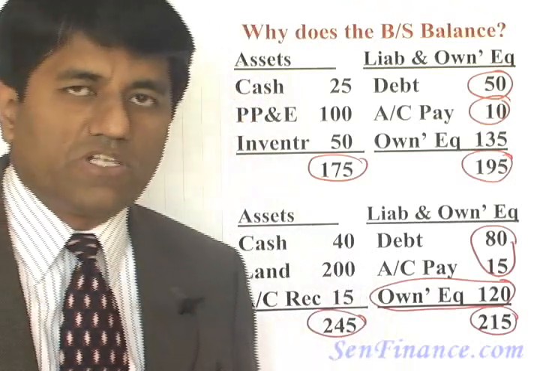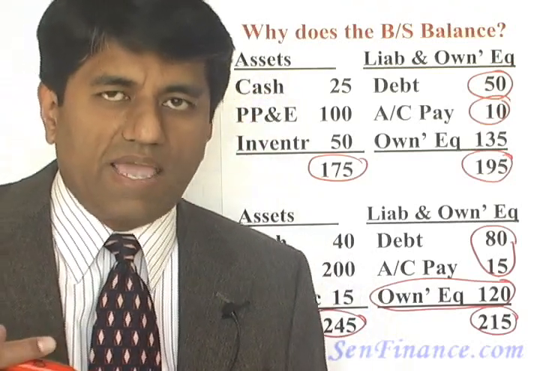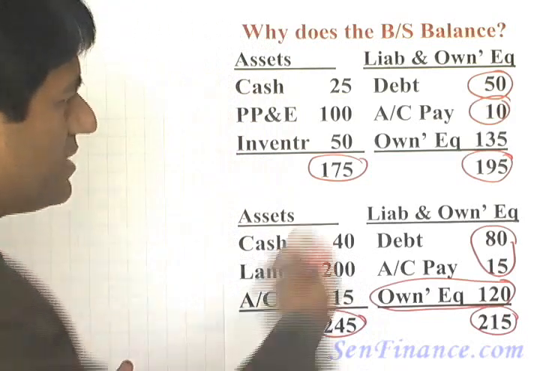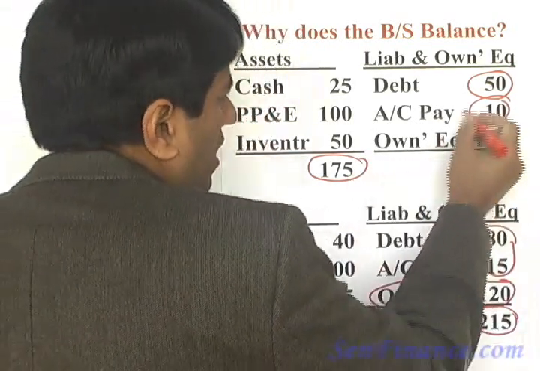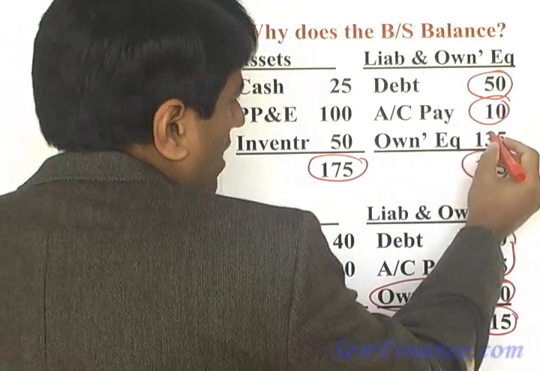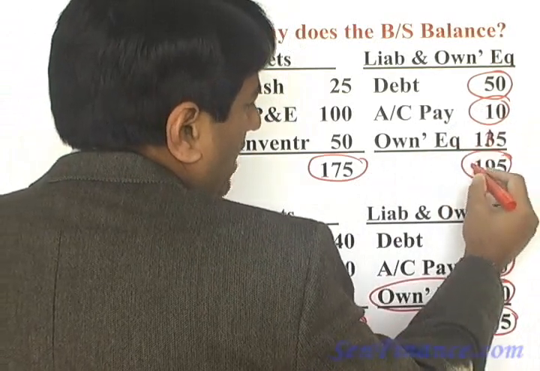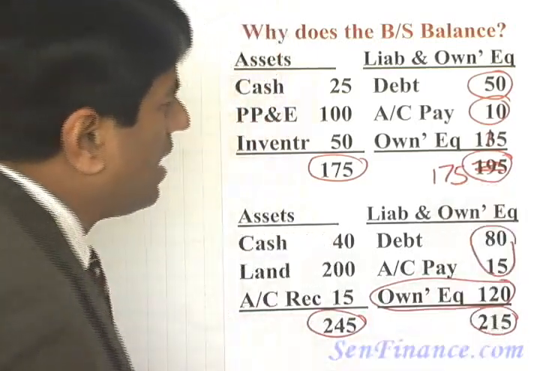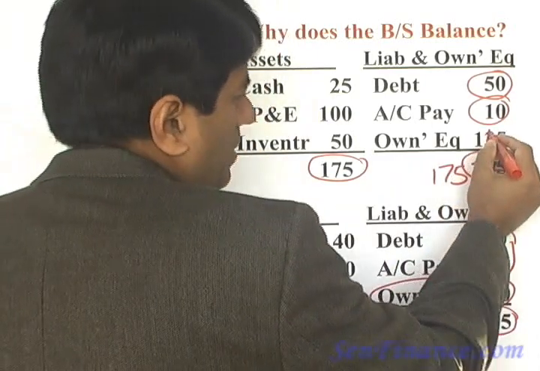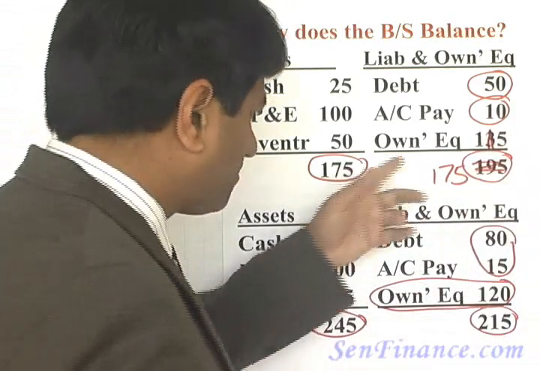Now this is a useful check. For example, let's say I have corrected this, and instead of 135 now I say I have 115, and so this is, let's say, 175. So this is a correct balance sheet.